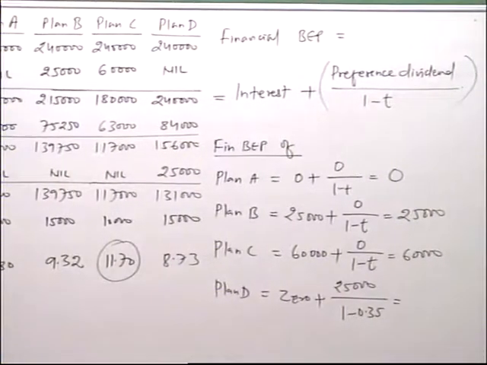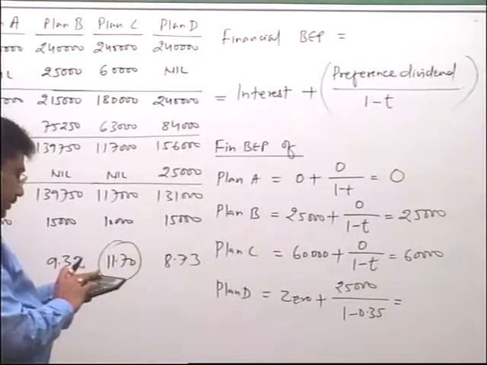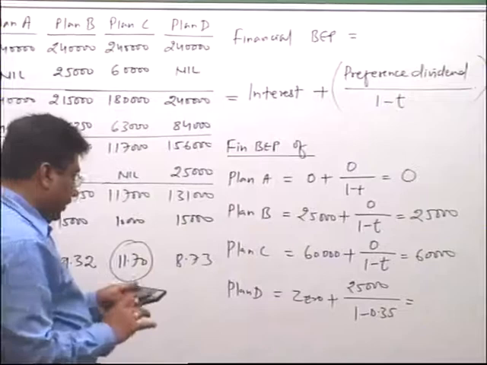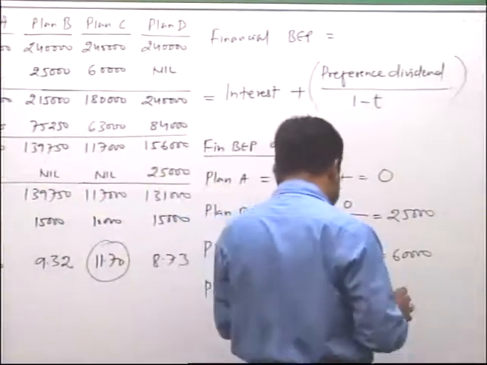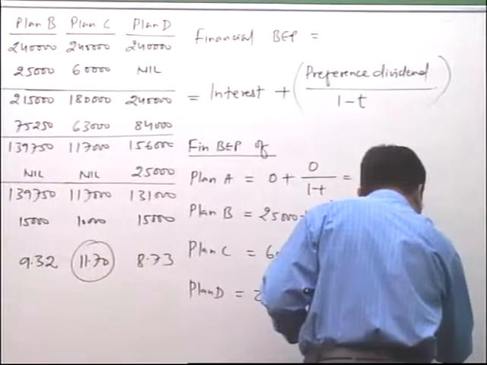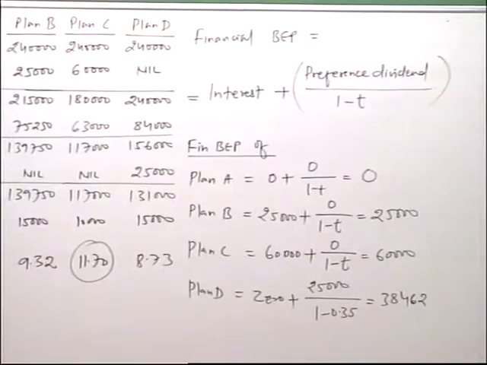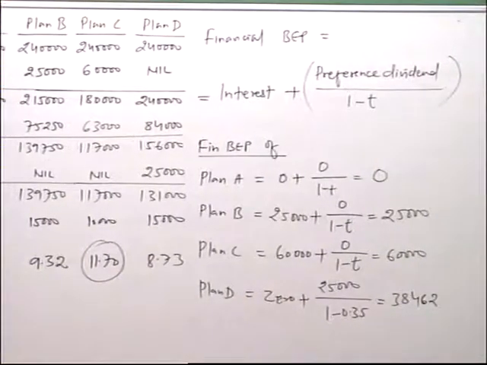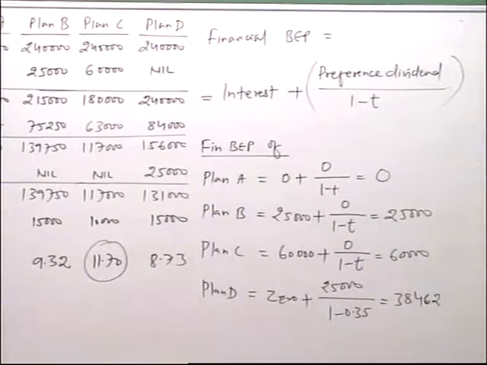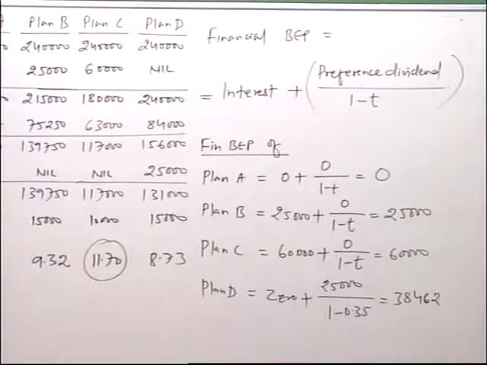Now, divide 25,000 by 0.65. So, it is 38,462. So, these are the financial break-even points of all the 4 plans.